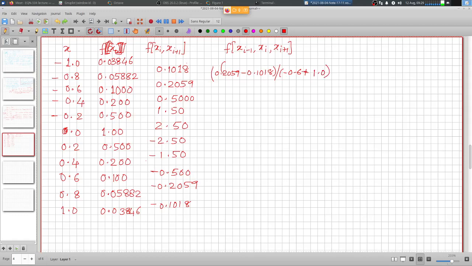So this is the second order divided difference, and that we can compute as 0.2059 minus 0.1018 divided by 0.4. So this evaluates to 0.26.